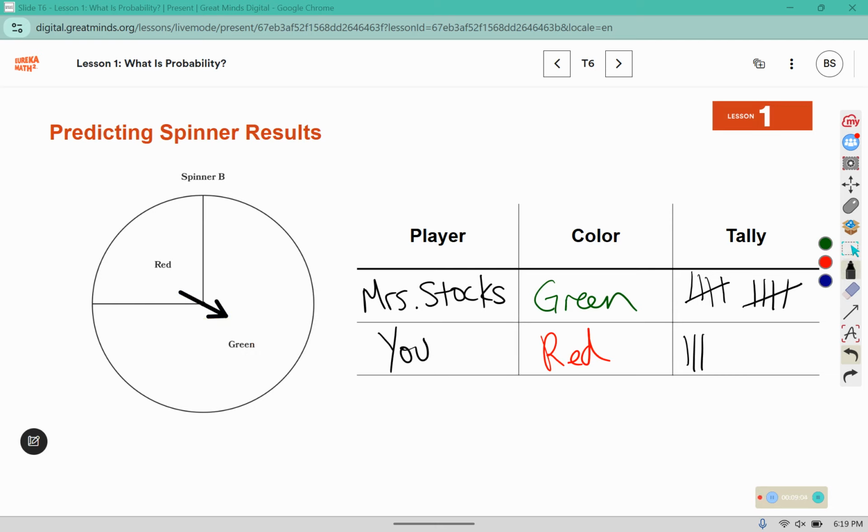Since I reached 10 first again, that means I win. And the green is the winner.